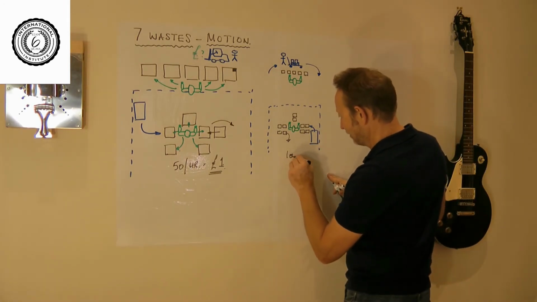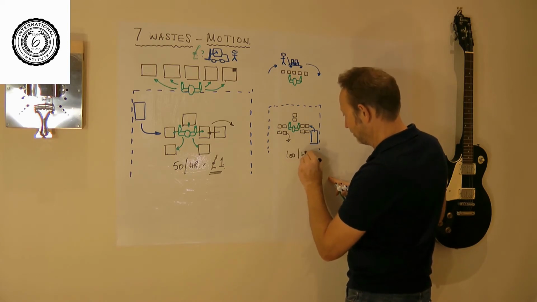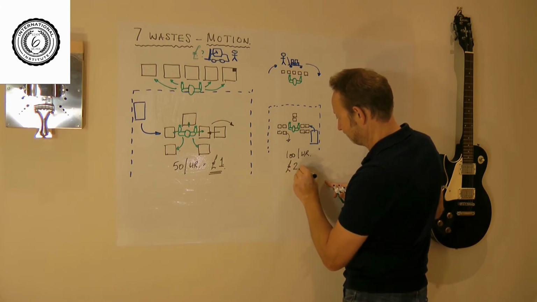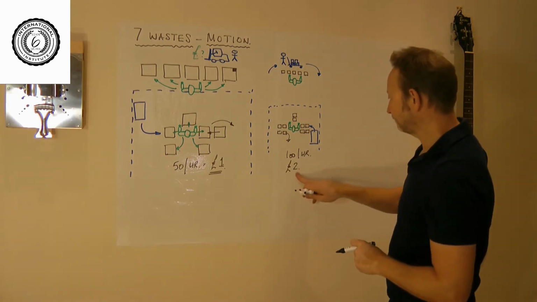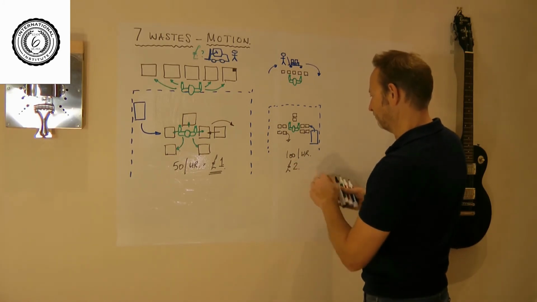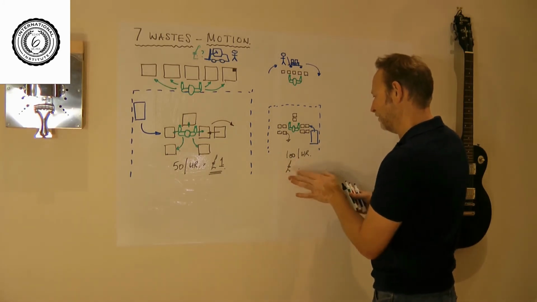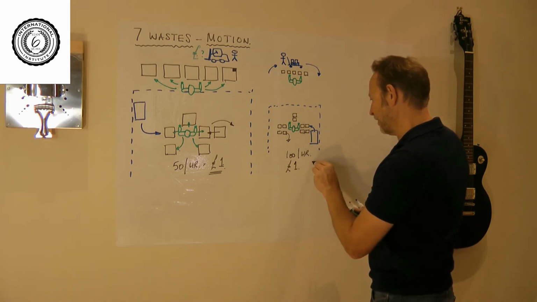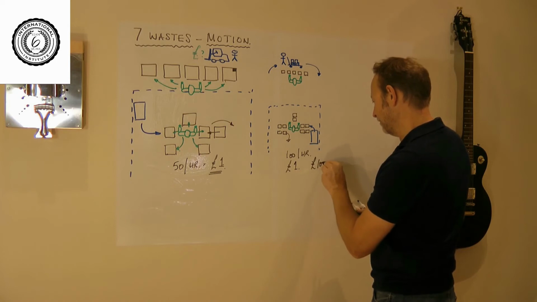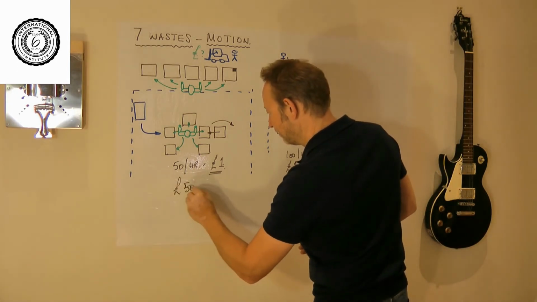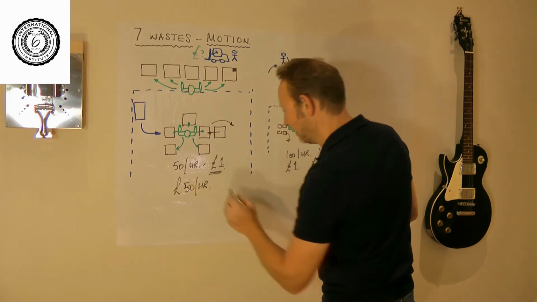So suddenly this guy can do 100 per hour, and now look, still a pound, isn't it? So I'm still going to make a pound, but what am I making? Now I'm making £100 an hour as opposed to £50 an hour.